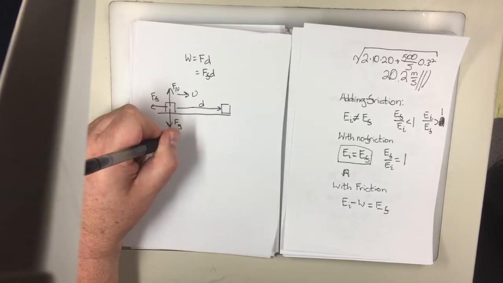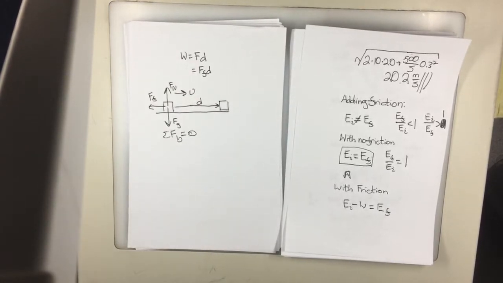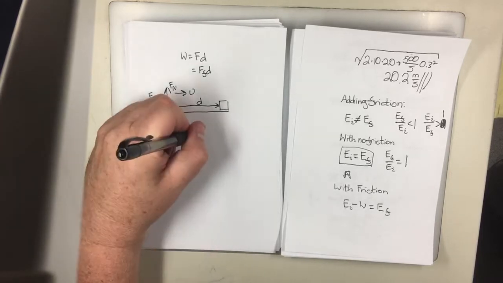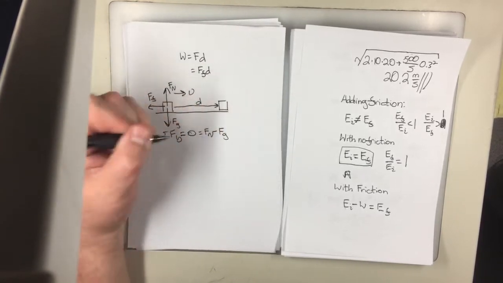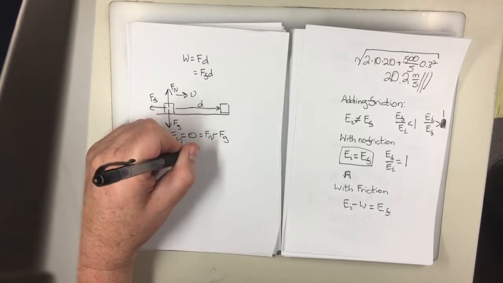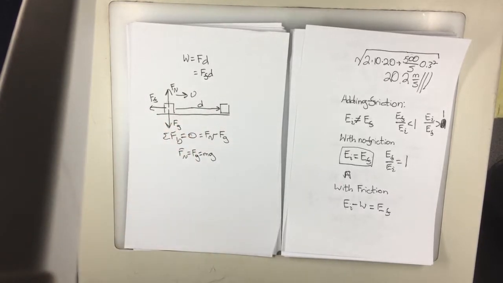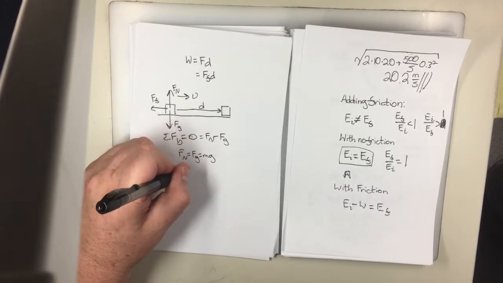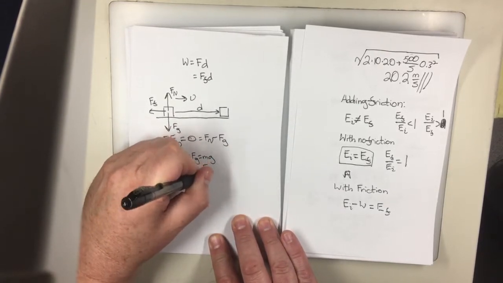Sum of the forces in the vertical is equal to 0. I know that the object is not penetrating the surface or flying off. So this becomes normal force minus the gravity force. So normal force is equal to the gravity force, which is equal to mg. The friction force is mu sub k times normal force.